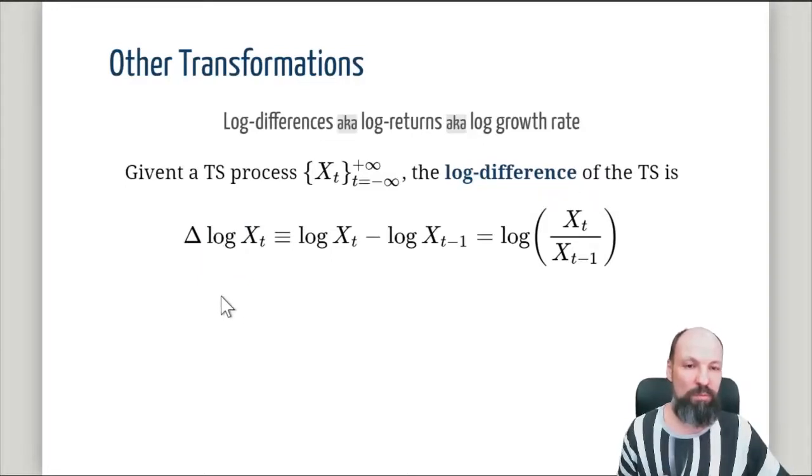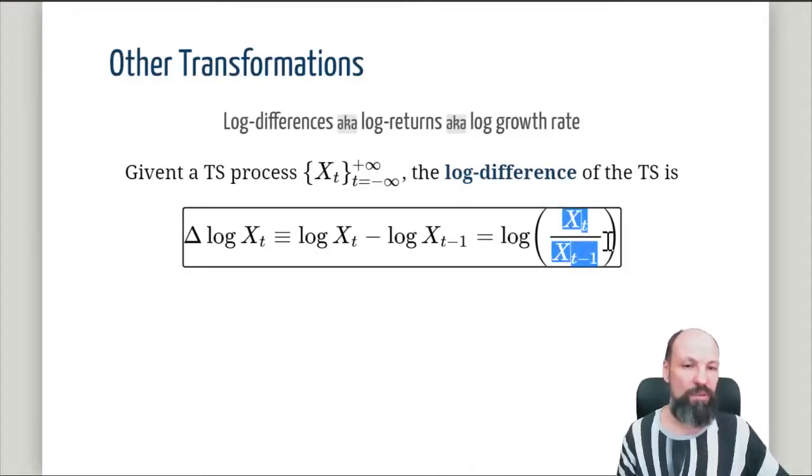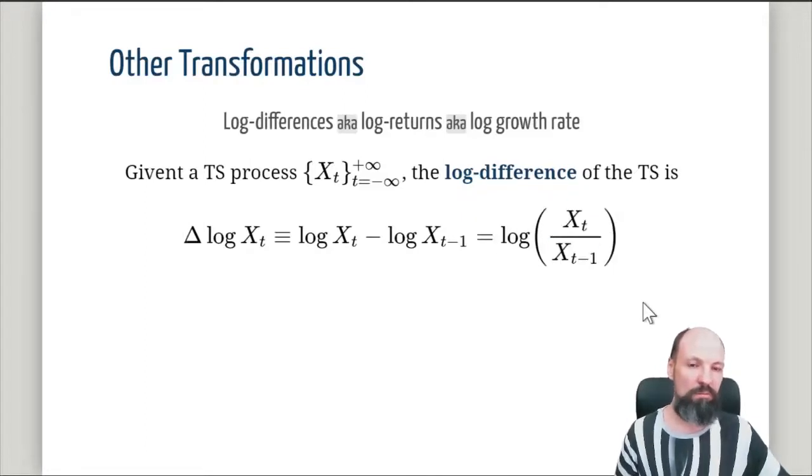So it should be almost surely positive. Otherwise, it makes no sense. And then you apply the difference transformation, or because of the well-known properties of the log function, this is the same as first taking the growth and then applying log. That's why the name log growth.